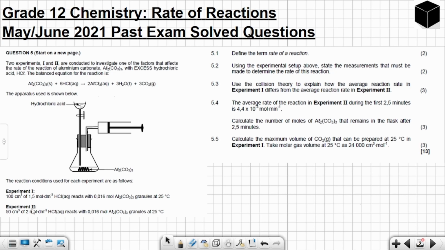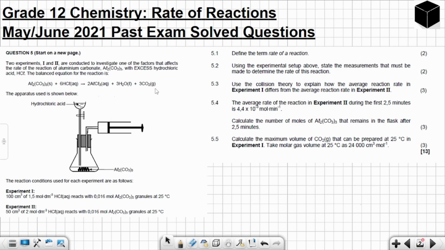And experiment number 2: you are given 50 cubic centimeter of 2 mole per cubic decimeter hydrochloric acid reacting with 0.016 mole of aluminum carbonate granules at 25 degrees Celsius. You can see in both experiments the aluminum carbonate is in granules at the same temperature. The number of moles are the same. Only the volume and the concentration differ.